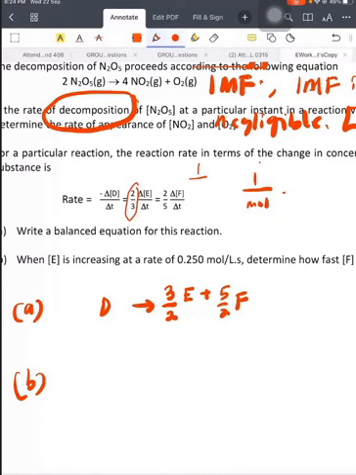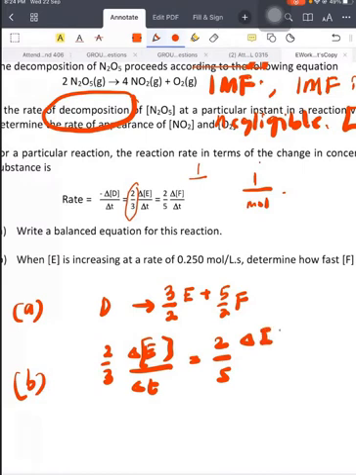In this case, E is increasing, because E is a product. We need to see what the question wants us to compare, in this case E with F. From our rate expression, 2 over 3 delta E over delta t is equal to 2 over 5 delta F over delta t.